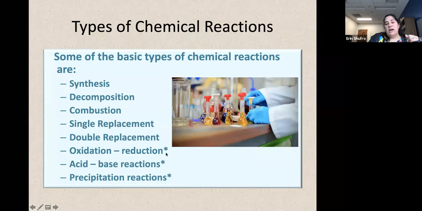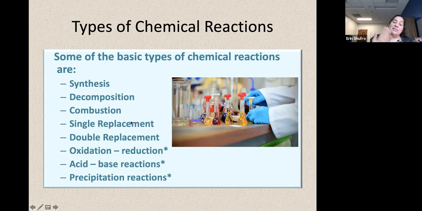Now notice these 3 down here that have stars. That's because these are subcategories. If you're an oxidation reduction reaction, you are also one of these. So you might be a single replacement and an oxidation reduction, or a double replacement and an oxidation reduction. An acid-base reaction is also a double replacement reaction.